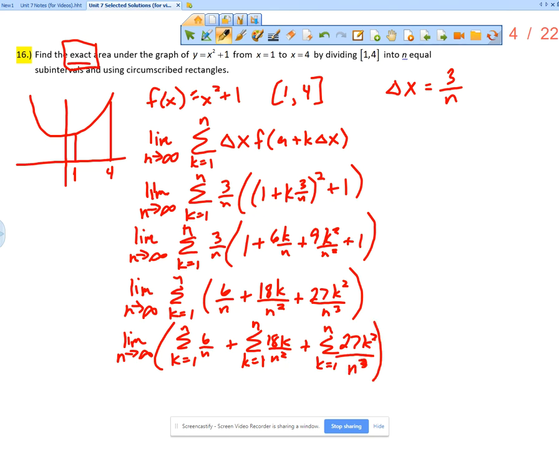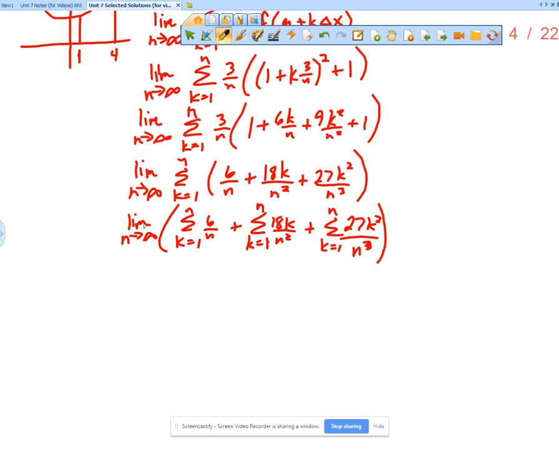Now I'm going to use some more properties of summations. First, the sum from k equals 1 to n of 6 over n. Remember, n is an unspecified constant in terms of the summation, and the sum of a constant from 1 to n is that constant times n. So, 6 over n times n. Don't forget, we have not evaluated the limit as n approaches infinity yet. Plus, here I'm going to bring the 18 over n squared out, like we talked about in our properties of summation.